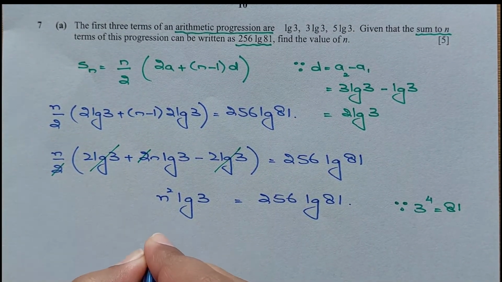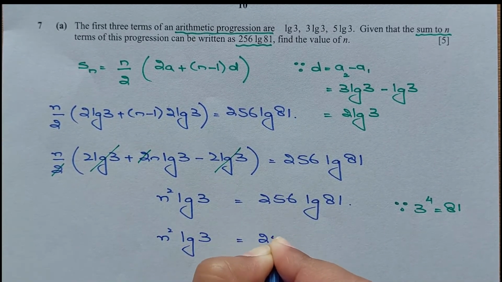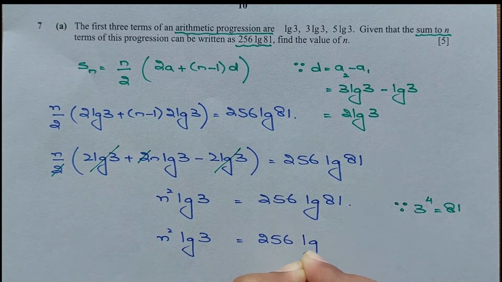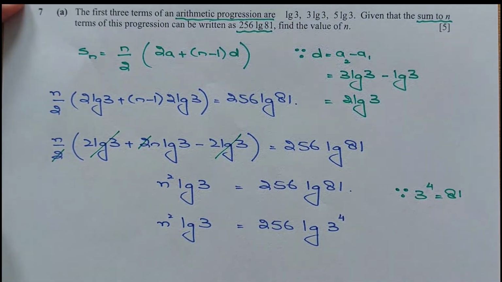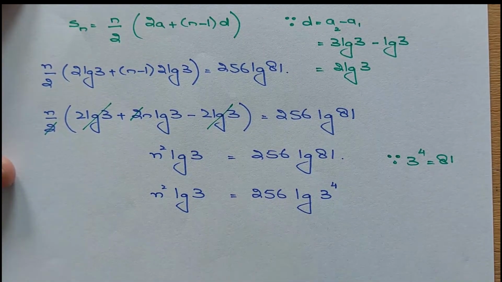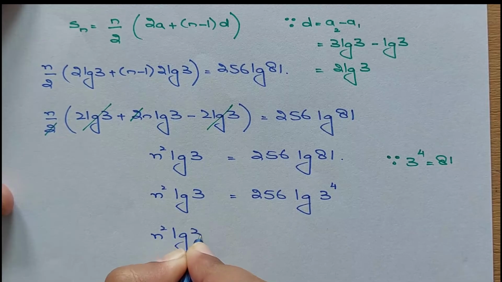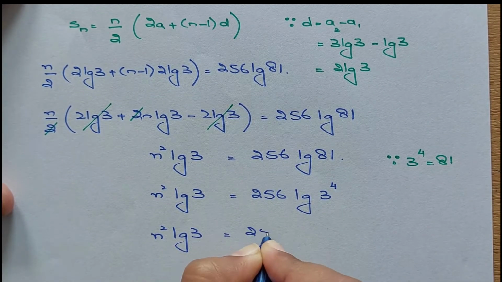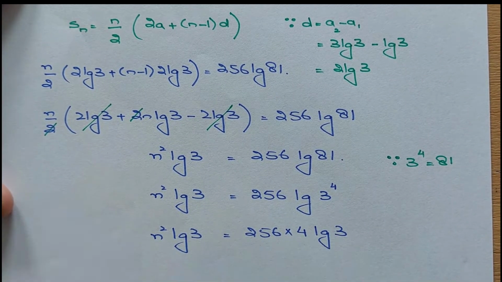And here we have n square log 3 equals 256 log 3 power 4. And by using the power property of log, that power comes first before the log. So we have n square log 3 equals 256 times 4 log 3. Right.